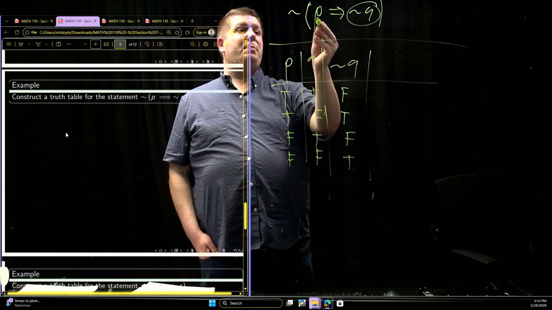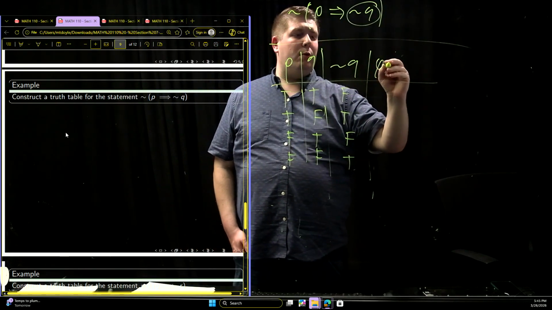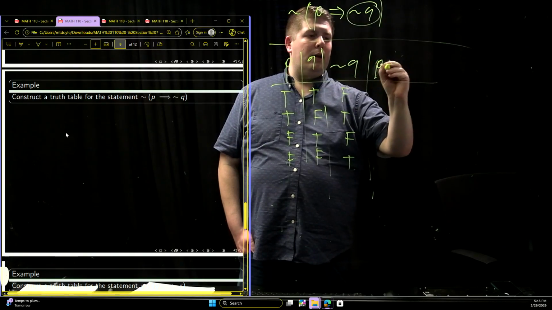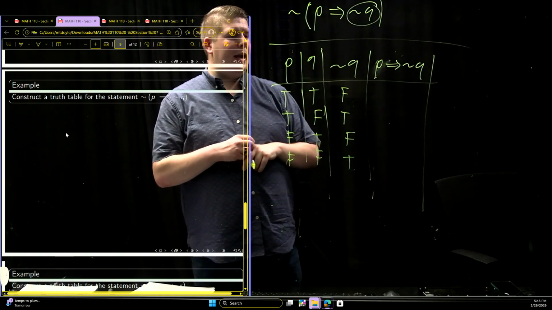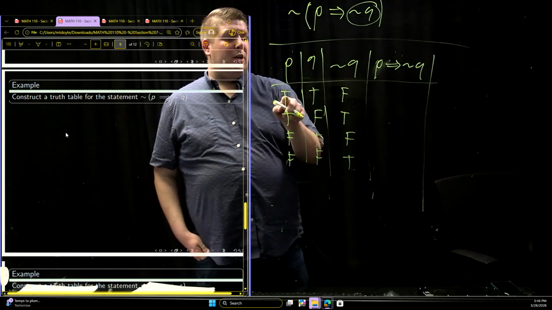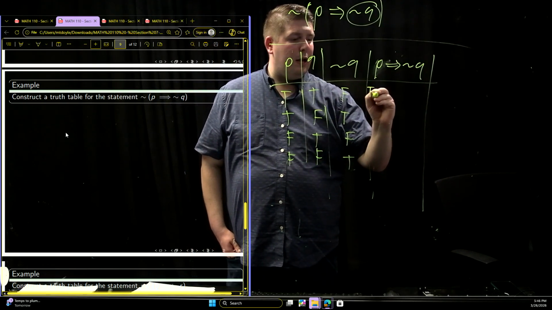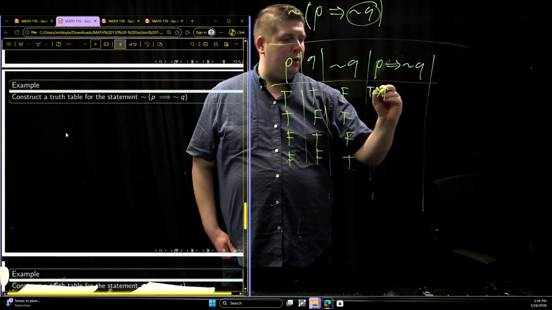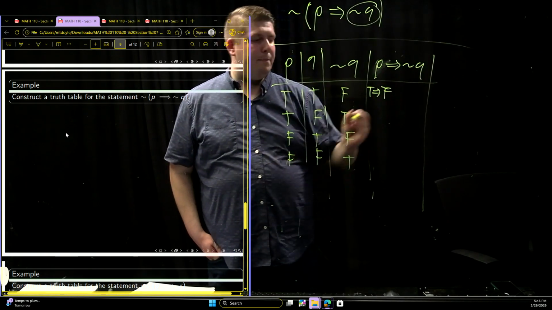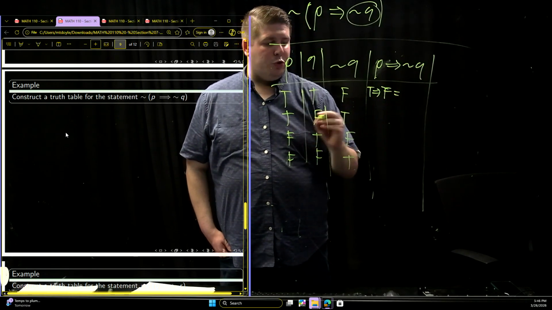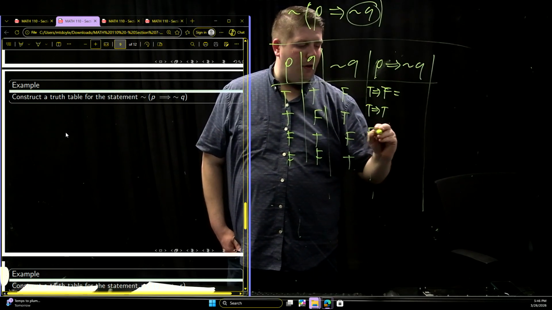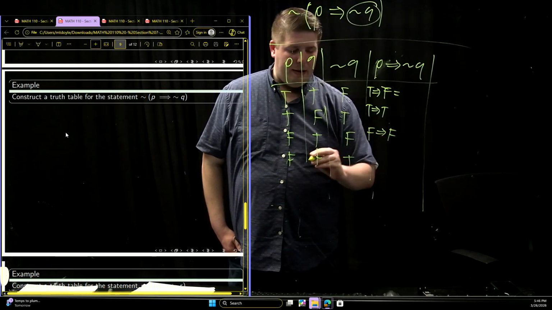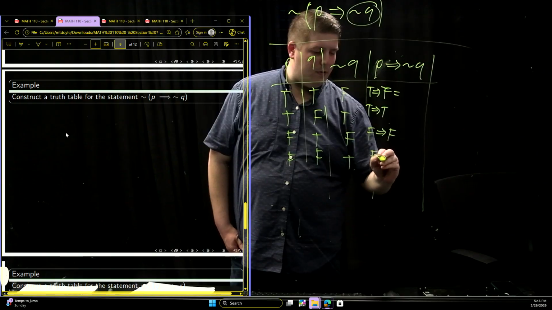But then we have P implies not Q. So what we're saying is true implies false, and then we have true implies true. Then we have false implies false. And then we have false implies true.